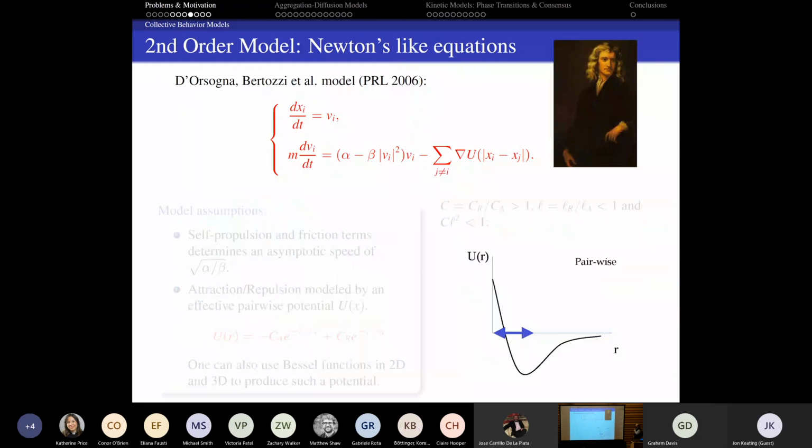So this is a line of research in which I worked in the past and still work now with different directions, but I'm going to show you one of the basic models that was proposed some time ago. So this model is based on Newton's law.